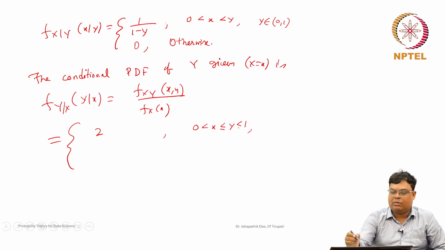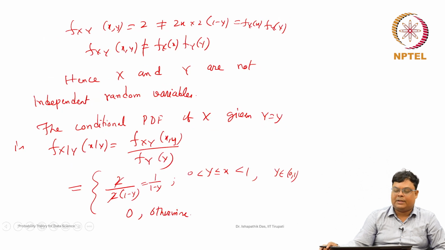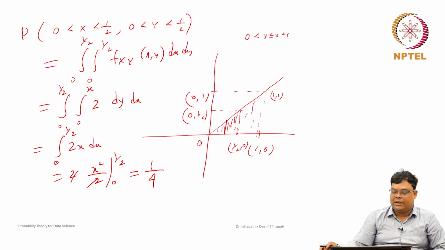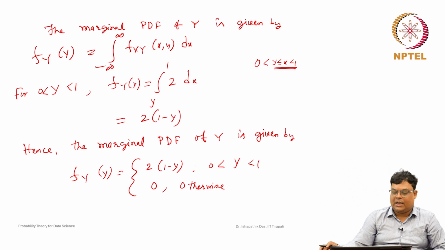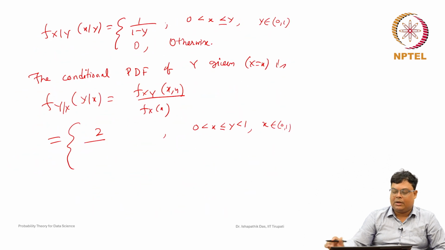This is the density function of y given a particular value of x. And what is f x x? The marginal probability density function of x, f x x here, is 2x. So, this is 2 by 2x, which is 1 by x, and 0 otherwise.